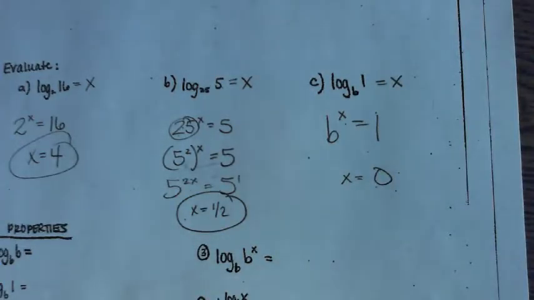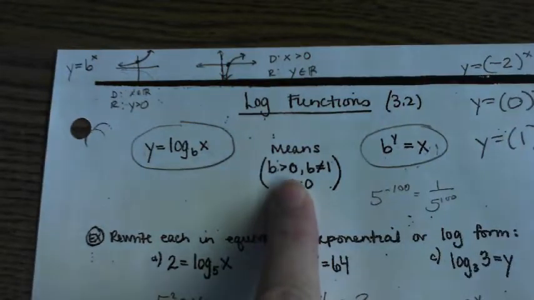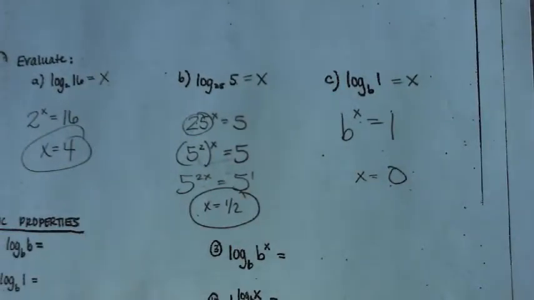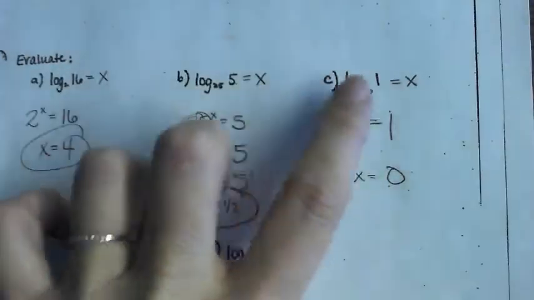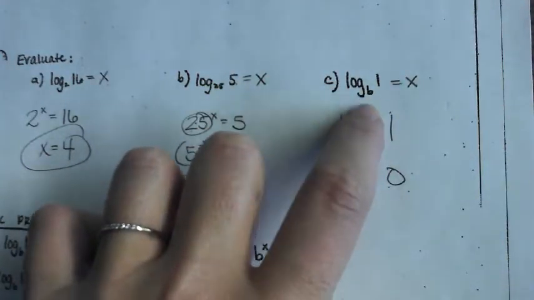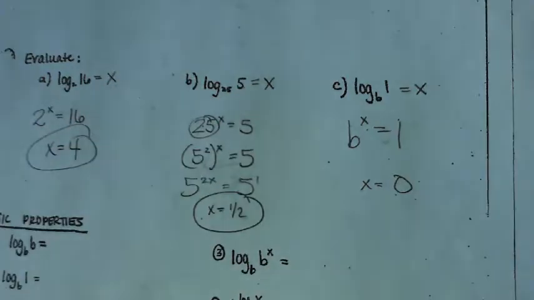Anything to the 0 power is 1. Unless b was 0, but we've already said b has to be greater than 0. Aiden? No, because that's part of the assumption. If you're taking a log and there's a variable as your base, the overarching rule, you don't have to say it every single time, no.